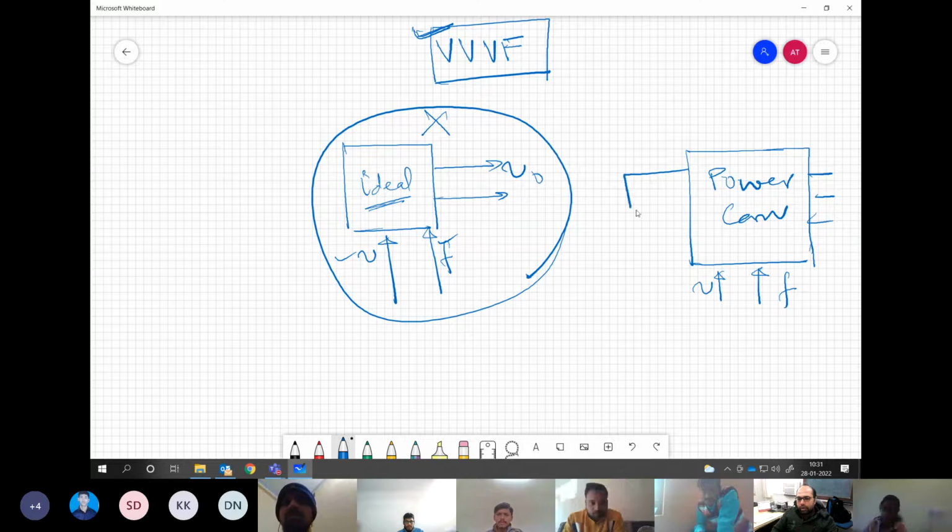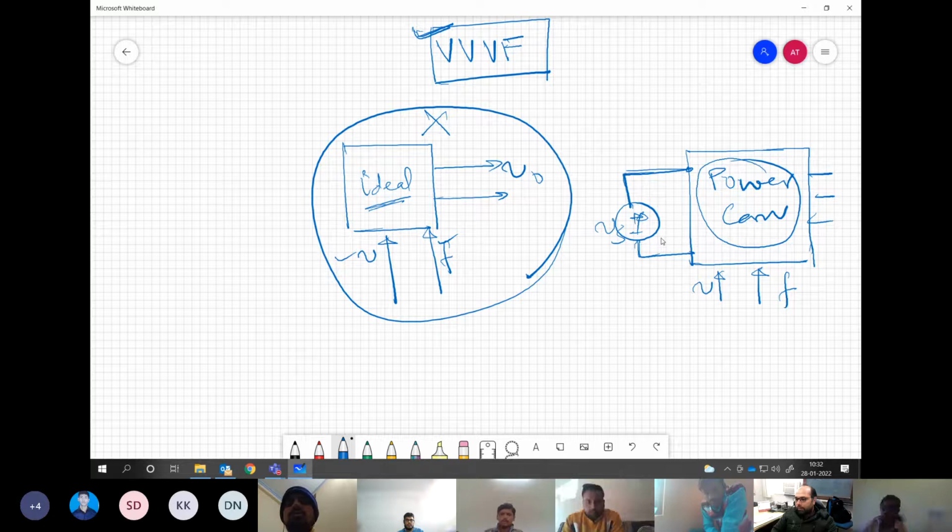And of course, it may have some input, maybe a voltage source or a current source or anything, AC, DC, whatever. So when we are trying to have better utilization and better operation of the induction motor, we need the power converter to make it feasible, to make it practical.